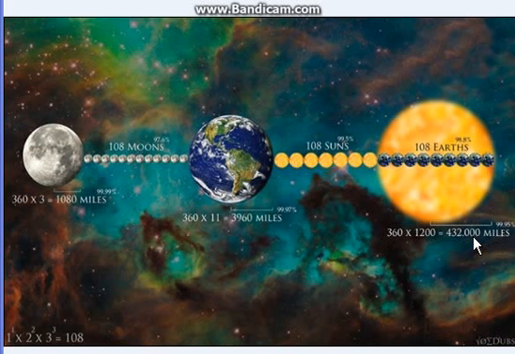Okay, however, here this number 360 is important, and of course the number 108 is important. Okay. So it is interesting that Earth is surrounded by two 108s. Now it will be interesting to see if the distance between the Moon and the Sun is 108.